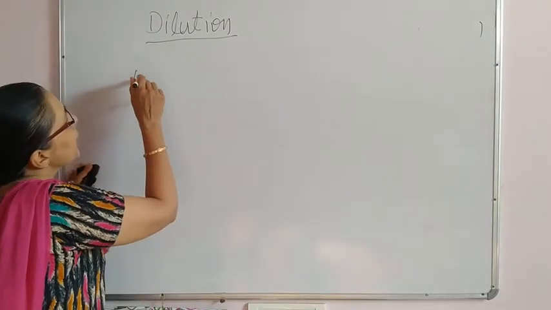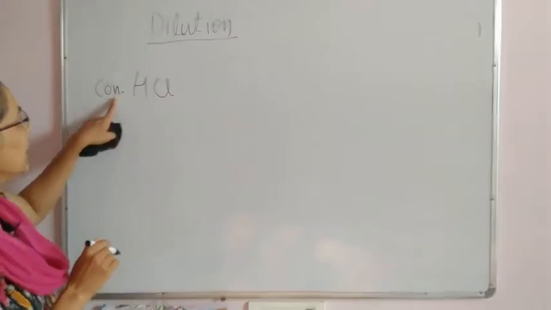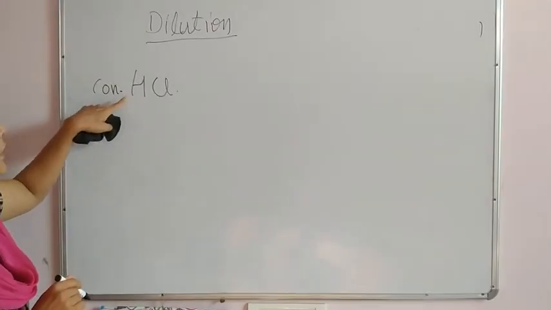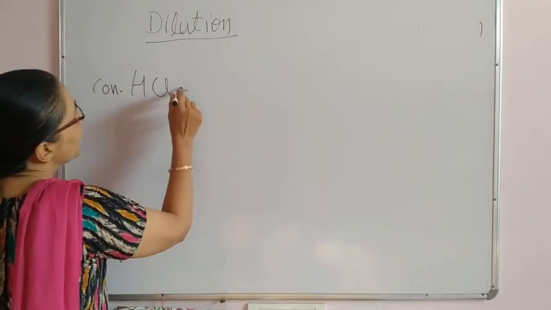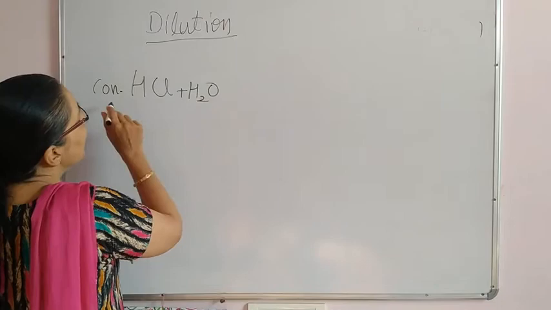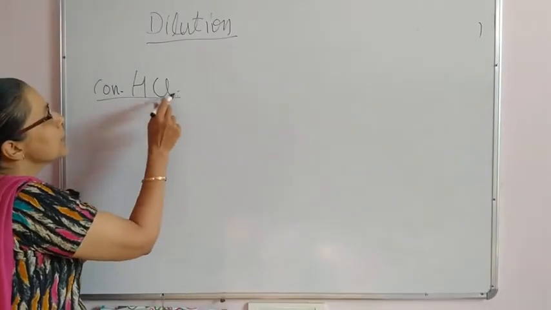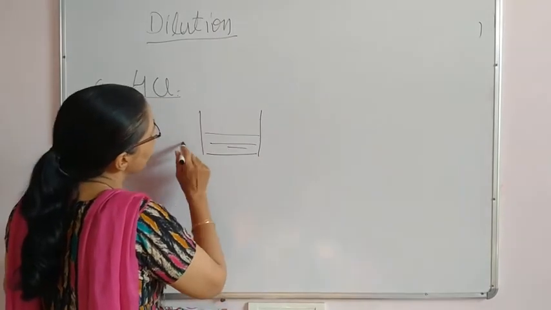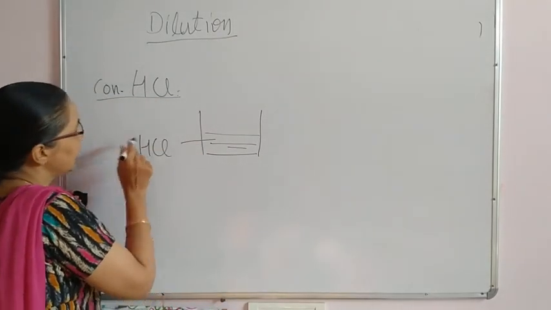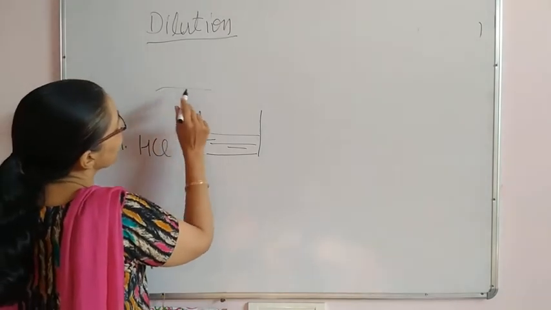If I am taking concentrated HCl, which you must have seen in the laboratory, when water is added to it, it will form a dilute solution. It means dilution is a process in which water is added to concentrated HCl. Suppose there is a beaker and we are taking concentrated HCl solution and pouring water.